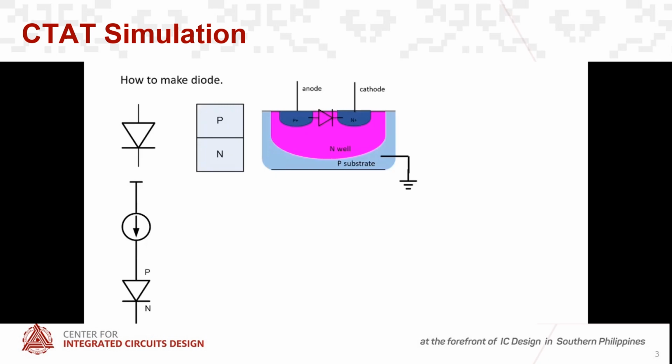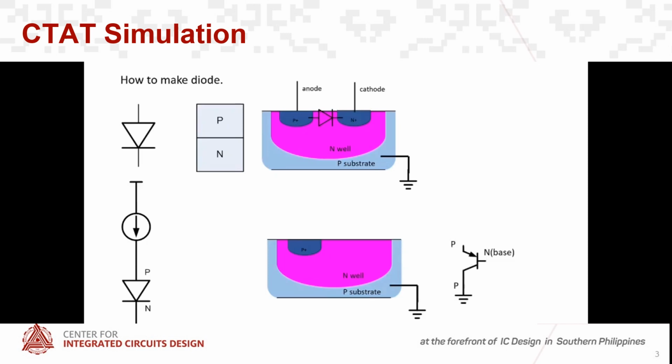But there is a problem if you look deeper into that circuitry. It will form a PNP transistor connection, a parasitic BJT specifically. In that connection, the PN current is the base current.